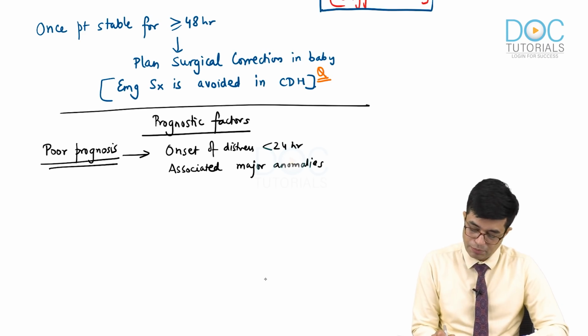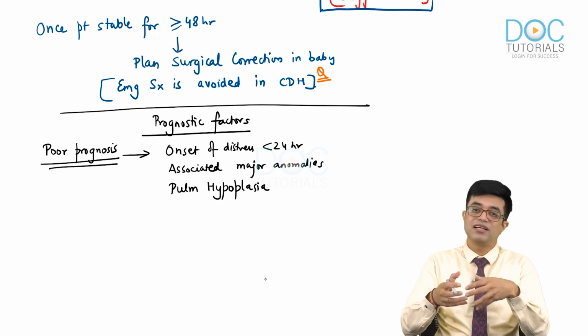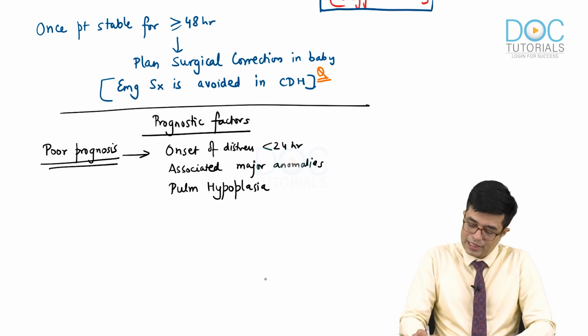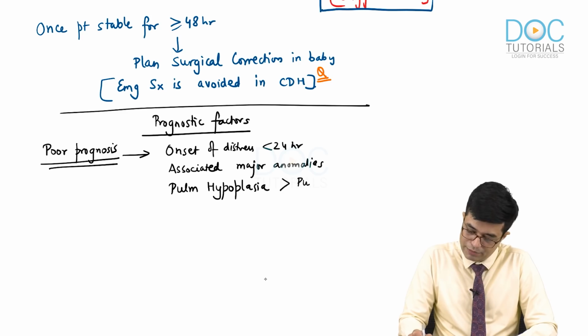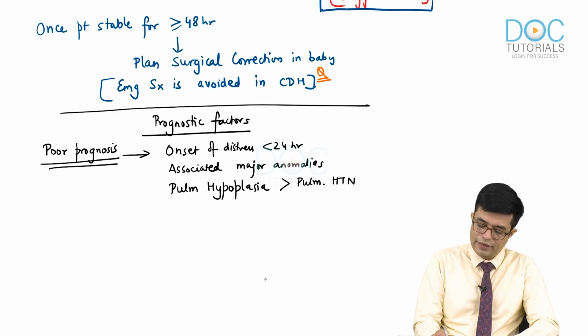If there is pulmonary hypoplasia, the degree of pulmonary hypoplasia determines the outcome, because you can do everything but lung cannot be created again. Pulmonary hypoplasia is considered to be a more important prognostic factor than degree of pulmonary hypertension, although pulmonary hypertension itself is also a cause.